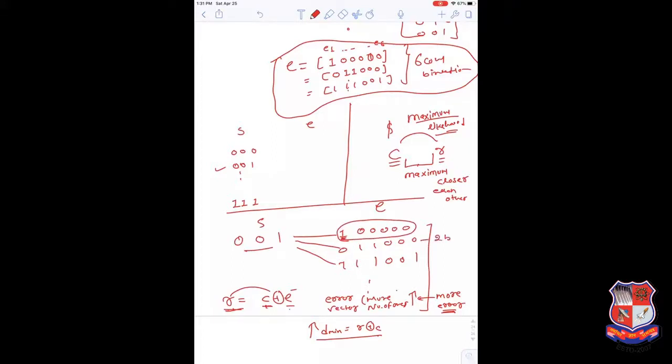Here there is a 2-bit error, this is a single bit error, this is a 3-bit error, a 4-bit error, and so we will discard all these. All this is discarded, and this one is selected.